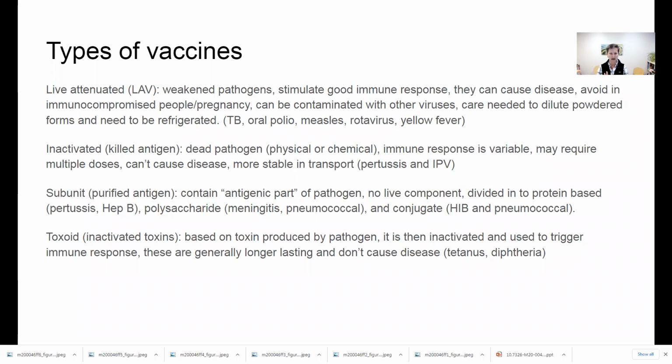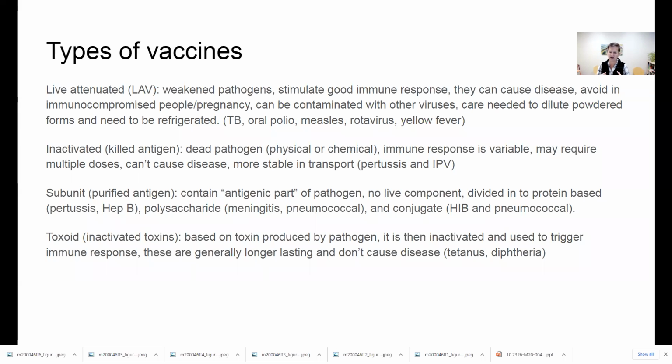So the last type of vaccine is a toxoid vaccine, and a toxoid basically comes from toxins. And when we think about that, the classic cases will be tetanus and diphtheria. If we get infected with tetanus or with diphtheria, it's not necessarily the bacteria that's the problem, but it's the toxin they create, and that creates our immune response.